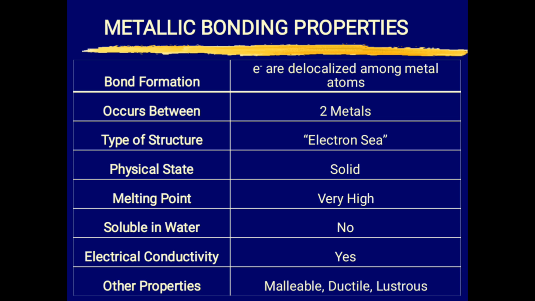Metallic bonding occurs between metals. The physical state is solid, melting and boiling points are high, there is no solubility in water, electrical and thermal conductivity is there, and other properties like malleability and ductility are part of this. This is just a summary.